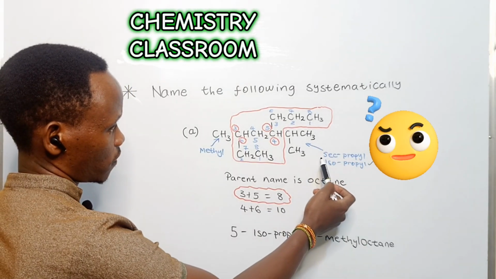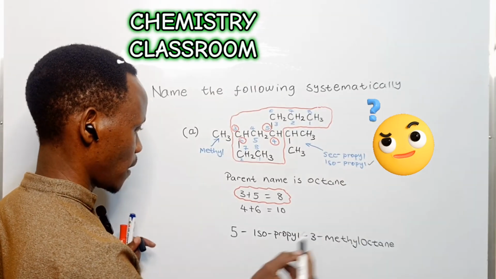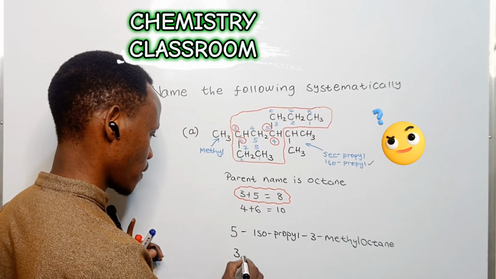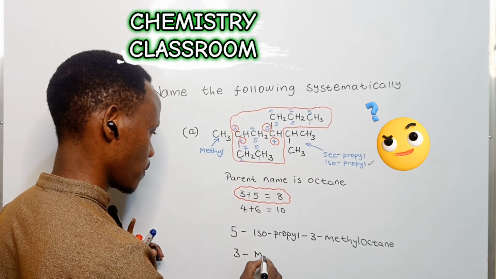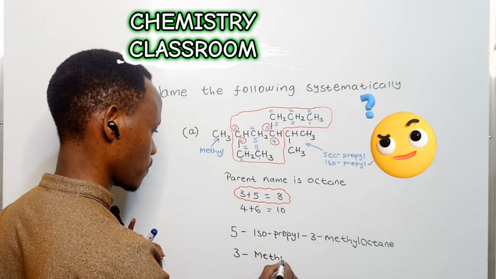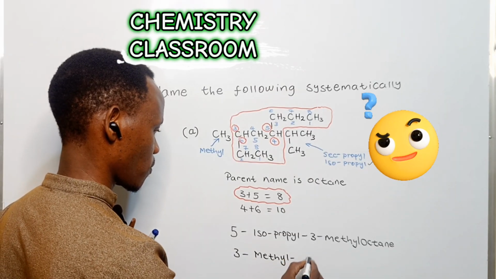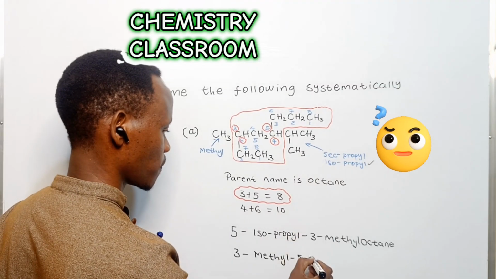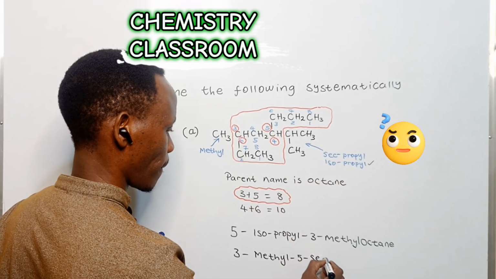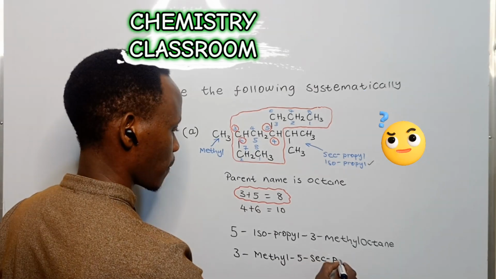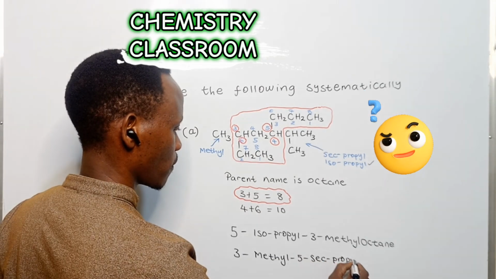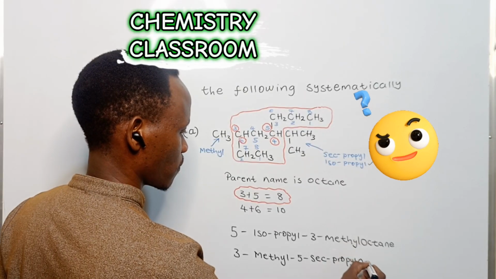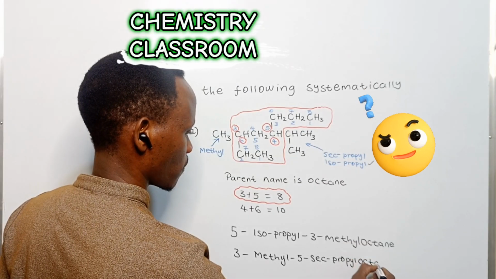We could also use secondary propyl, and our name is also written as 3-methyl, followed by a hyphen, another hyphen, and then secondary propyl, and our parent name octane.